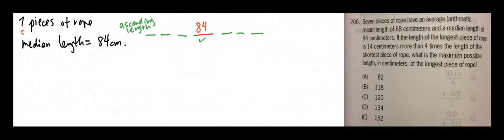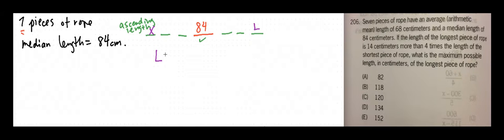Okay, so then they also say a couple other things here. Let's color code this. Let's call the little one X. Let's go back to the problem. 7 pieces of rope have an average length of 68 centimeters. We'll come back to that in a second. And a median length of 84. If the length of the longest piece, so here's the longest piece, I'll call it L, and we're going to make an equation here.